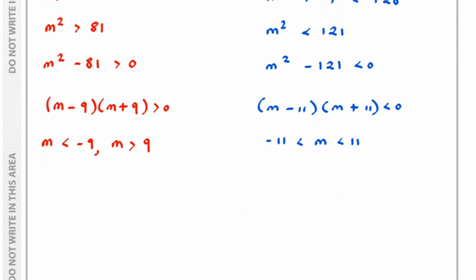Now the way we can do this is to draw a number line. So here is my number line. I've got minus 9 here and minus 11 here, and 9 here and 11 here. Now I've got a solution, m is less than minus 9.